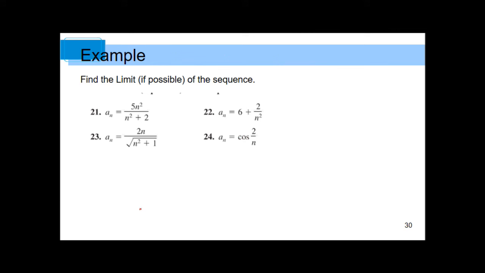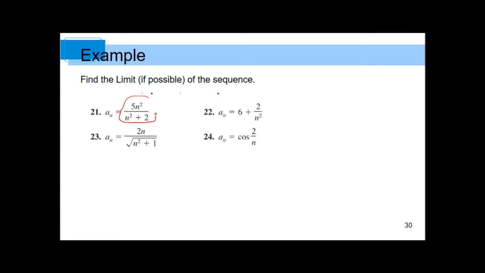Okay, so let's look at some other sequences and see how we could determine their limits if they exist. So we're going to start with number 21.